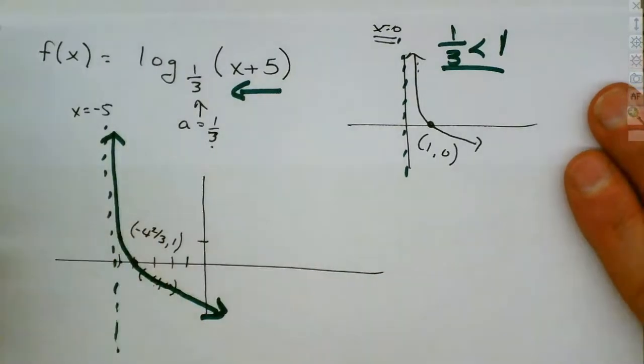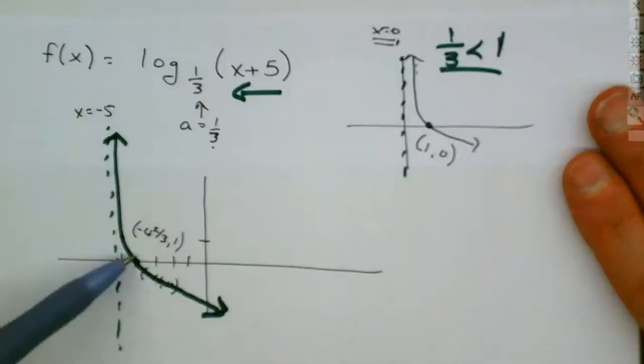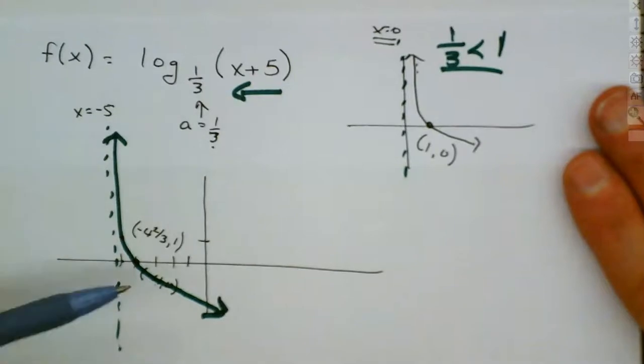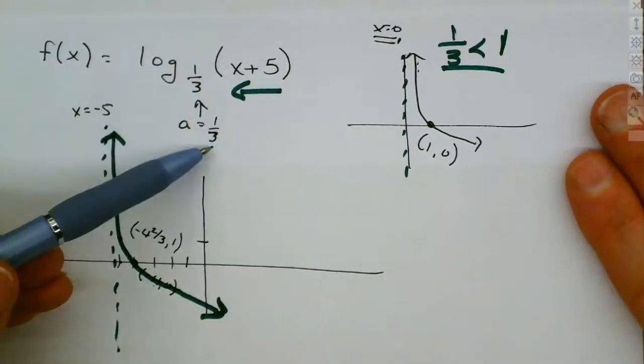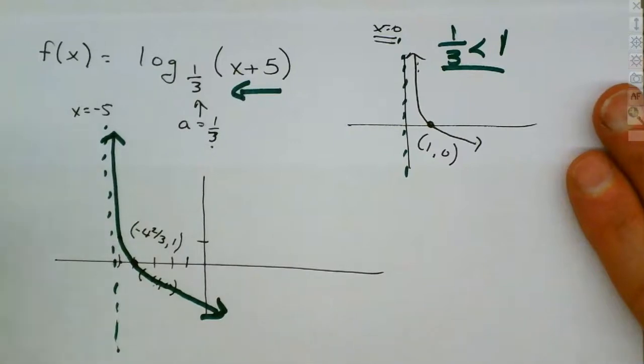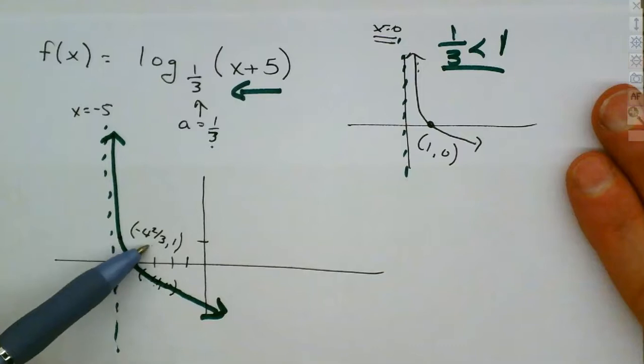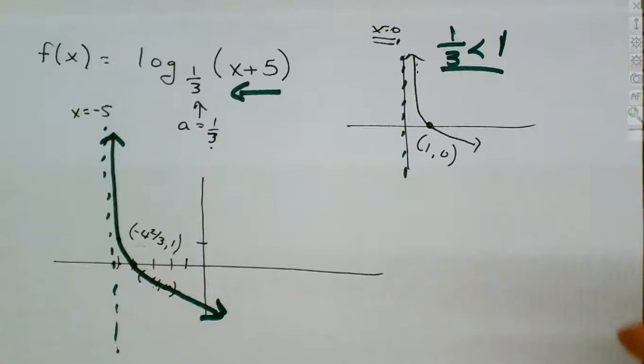And now, instead of it going like the other one would have been, if this was 3, you would go over 3 and up 1, and it would curve that way, right? But ours is 1/3. And so if we're at negative 5, we take away 1/3, that gives you basically minus 4 2/3 there. So that's why it curves and looks like that.